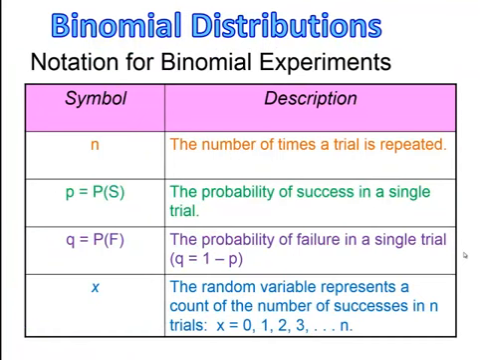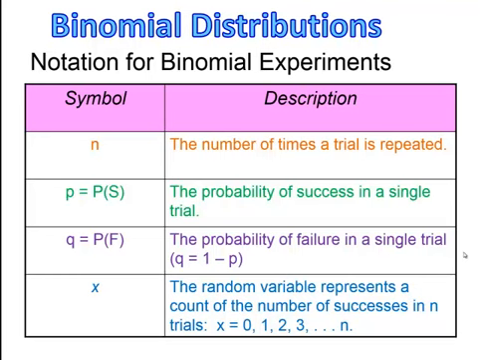Here's the notation for binomial experiments. When we're talking about the number of times a trial is repeated, we'll use the lowercase n. When we're talking about the probability of success in a single trial, we'll use the lowercase p. And when we're talking about the probability of failure in a single trial, we'll use the lowercase q.